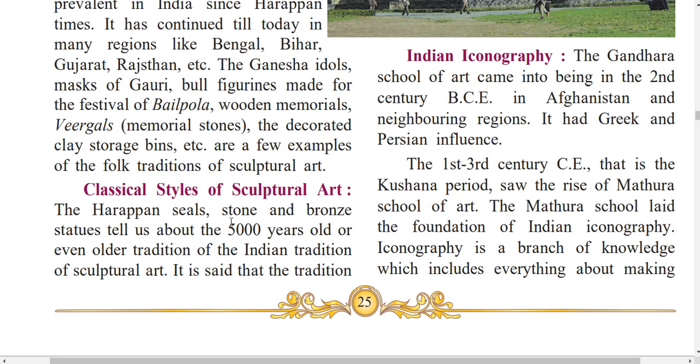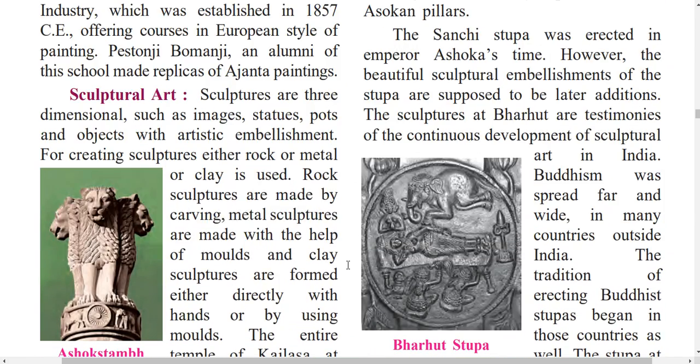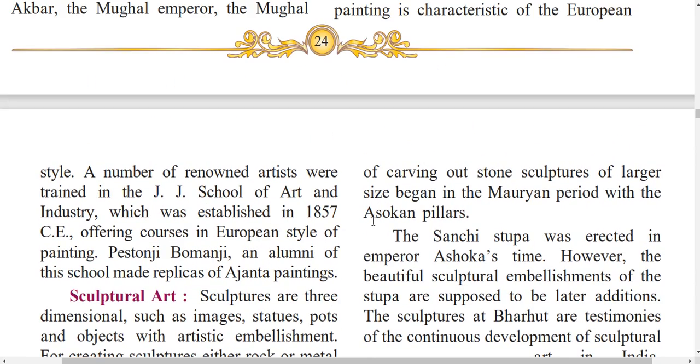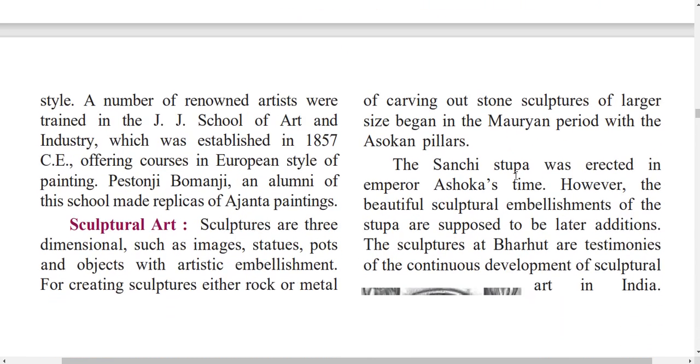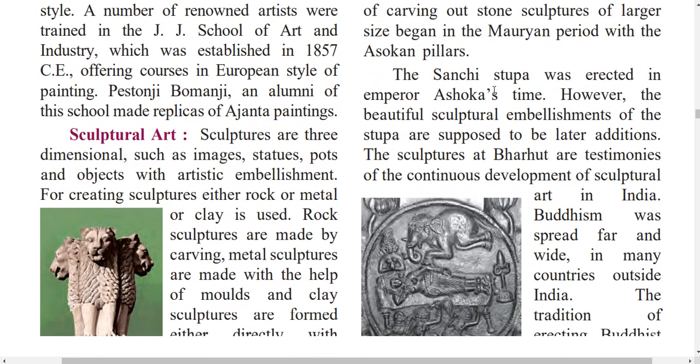Now, classical styles of sculptural art. The Harappan seals, stone and bronze statues tell us about the 5000 years old or even older tradition of sculptural art. It is said that the tradition of carving out stone sculptures of large size began in the Mauryan period with the Ashokan pillars.